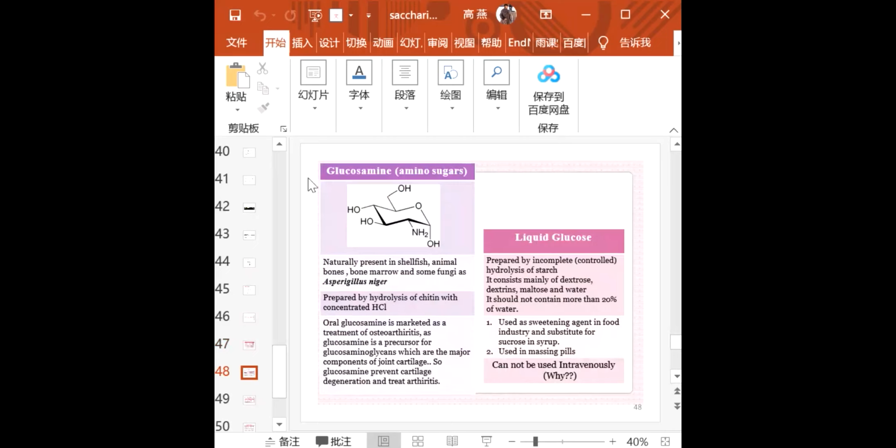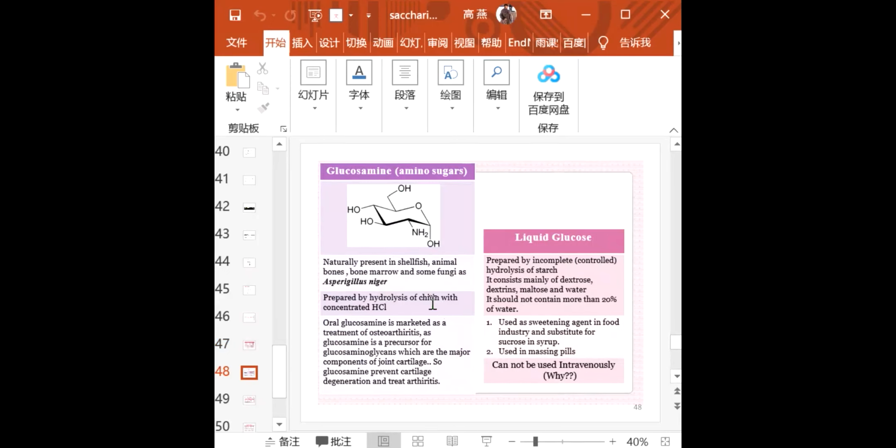And this is glycosamine, also called amino sugar. It's naturally present in shellfish, animal bones, bone marrow, and some fungi. It's prepared by hydrolysis of chitin with concentrated hydrochloric acid.